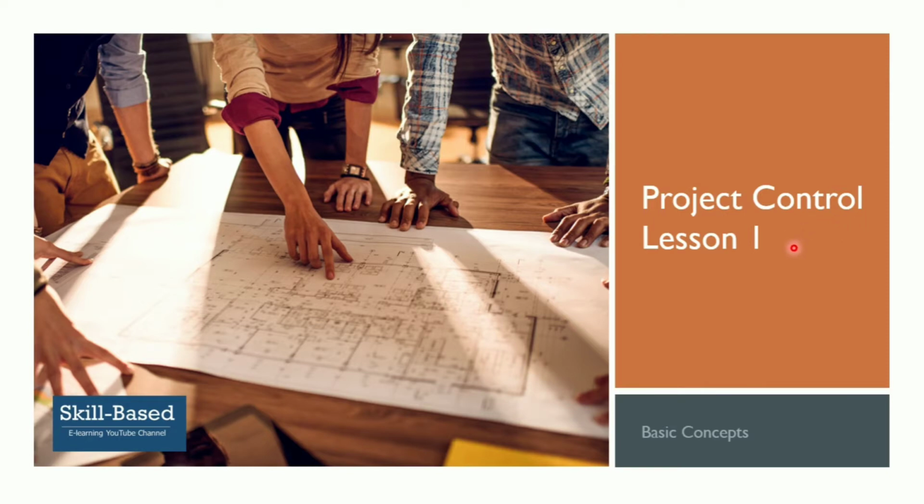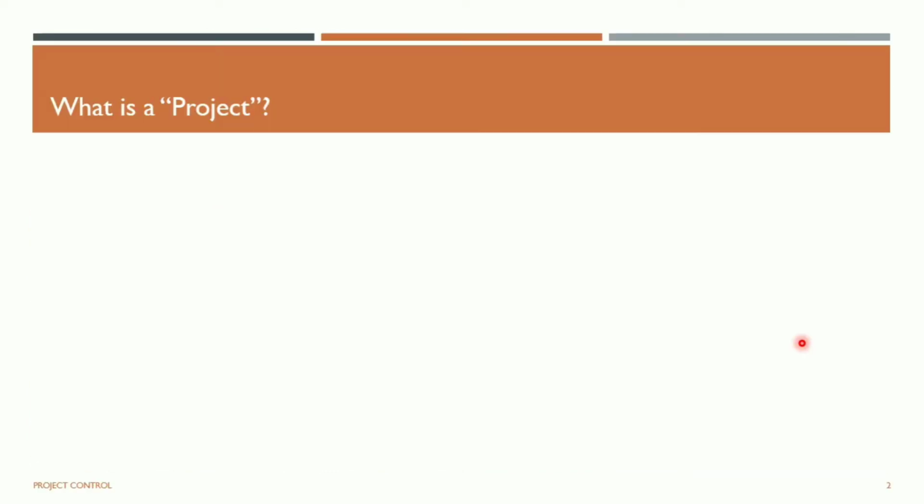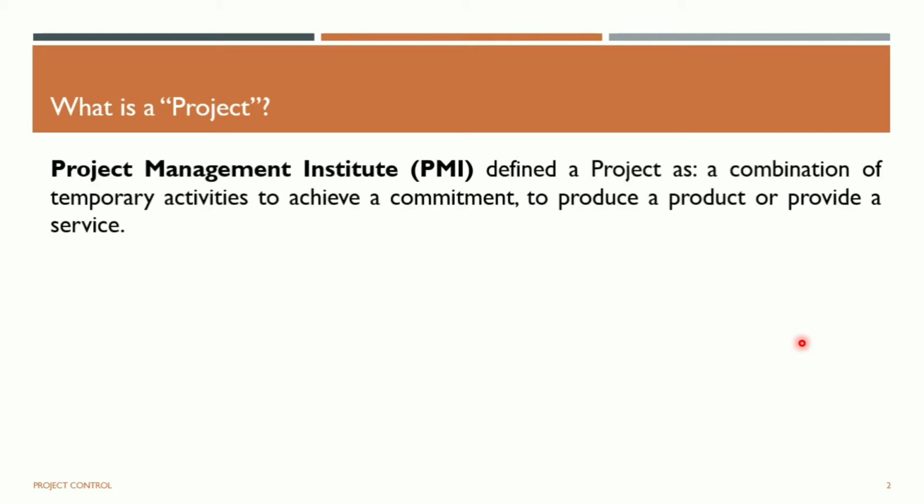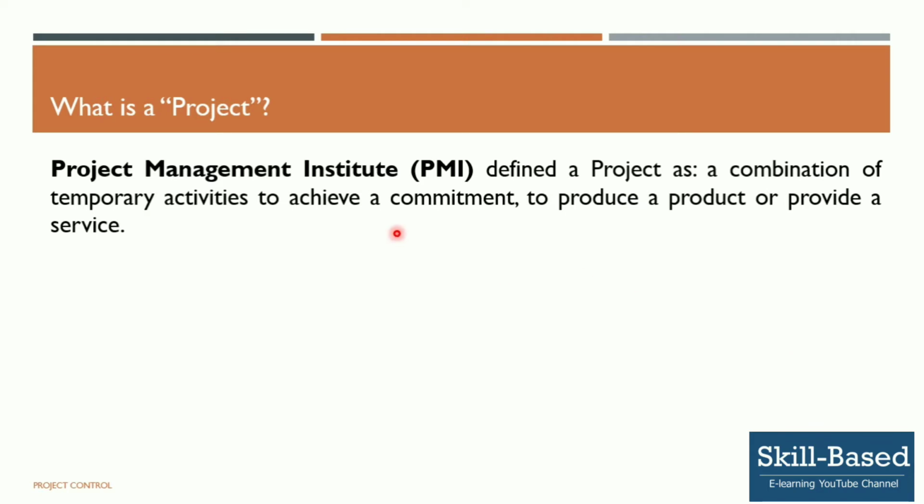So the first thing that we need to know about project control is, what is a project? What do we call a project? The Project Management Institute, or PMI, defined a project as a combination of temporary activities to achieve a commitment to produce a product or provide a service.